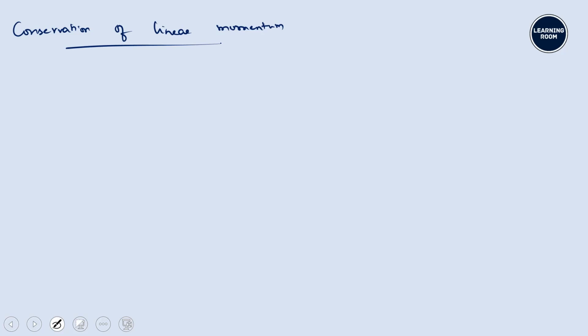So when is this going to happen? Even before I try to define it, I'm trying to apply the logic. I'm saying that the linear momentum is always a constant, means final linear momentum is equal to the initial linear momentum. Can I say this? So from this, can I say P final minus P initial is 0?